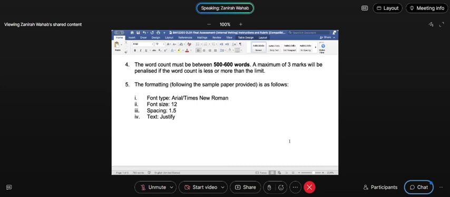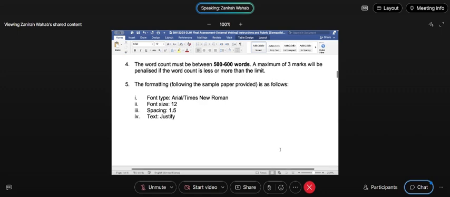So based on my discretion, a maximum of 3 marks will be penalized if the word count is less or more.